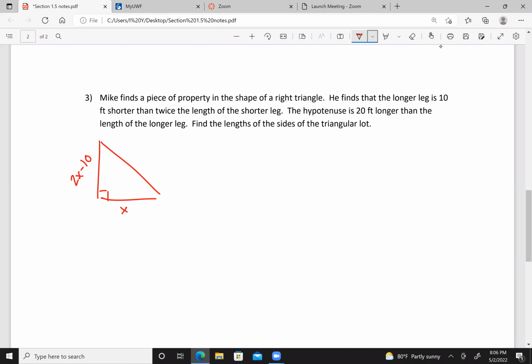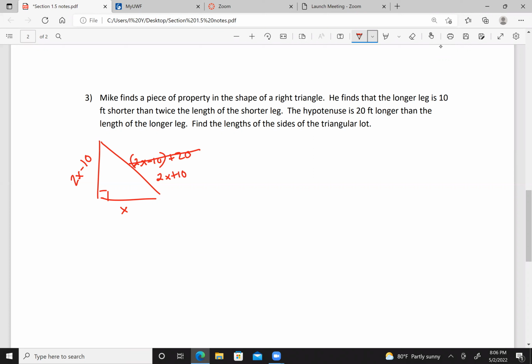The hypotenuse is 20 feet longer than the length of the longer leg. So this is 2x minus 10 plus 20, which would be 2x plus 10.